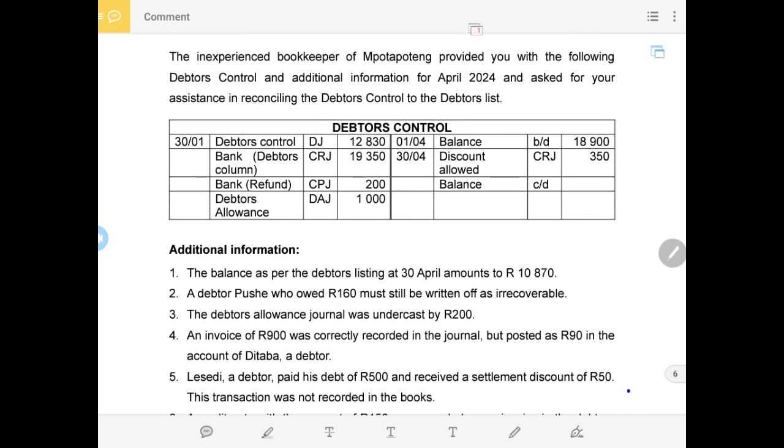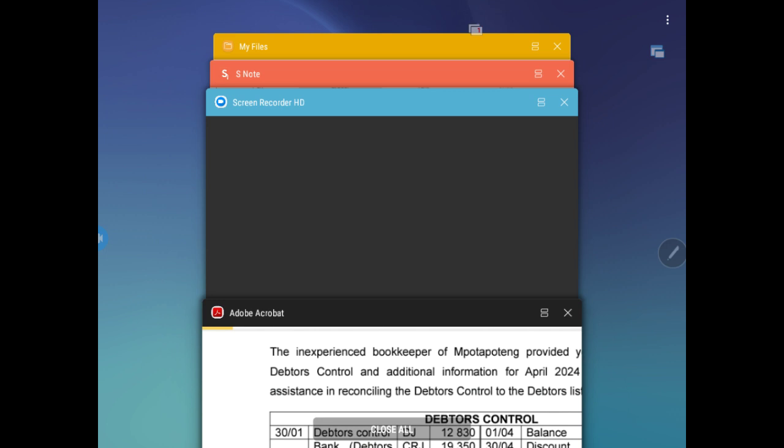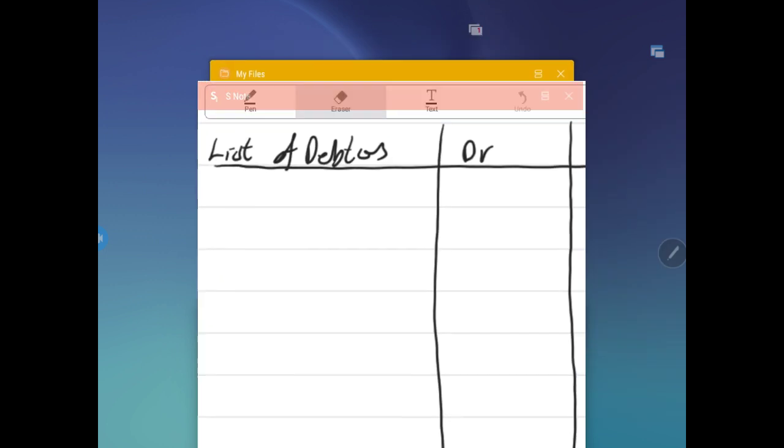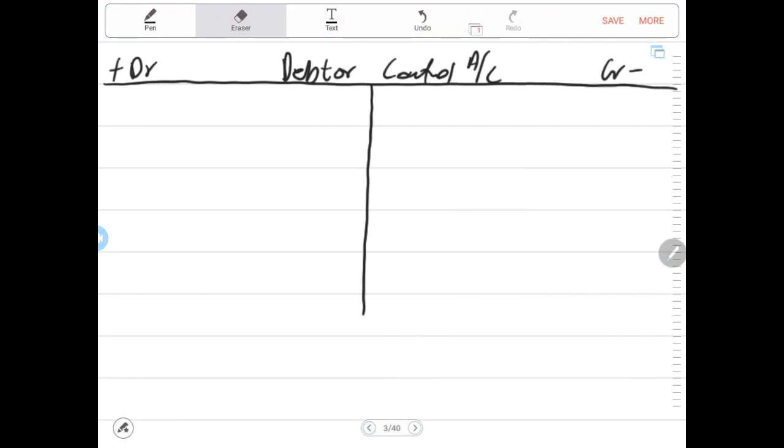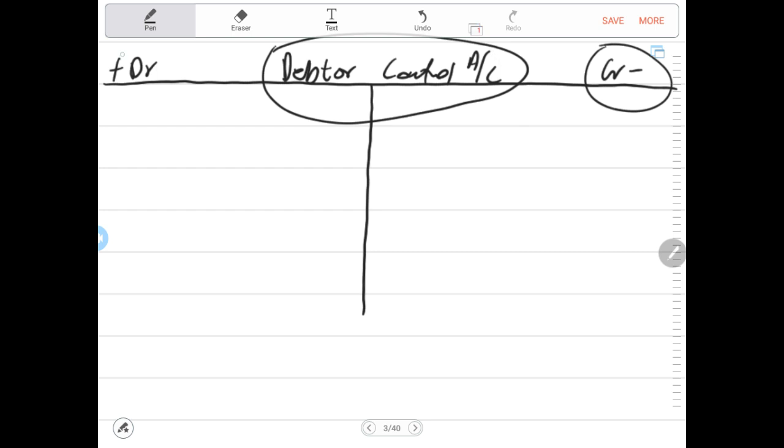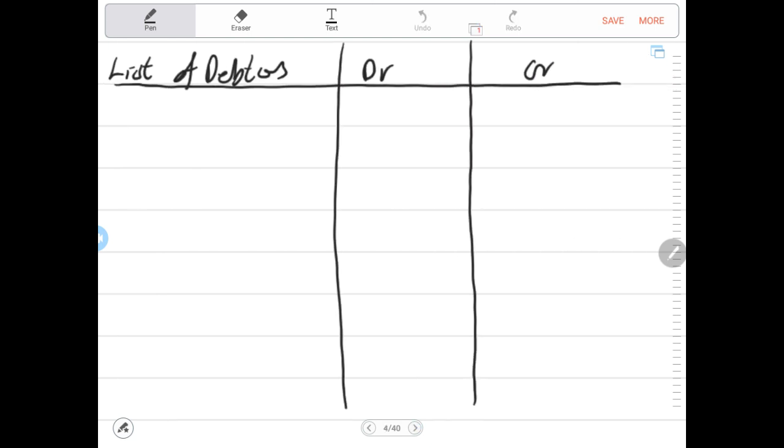Then now, if we are required to do a ledger account and a list of debtors, we need to prepare the debtors control ledger account where it decreases on the credit side and increases on the debit side, the basic accounting one. For every debit entry, there is a credit entry.